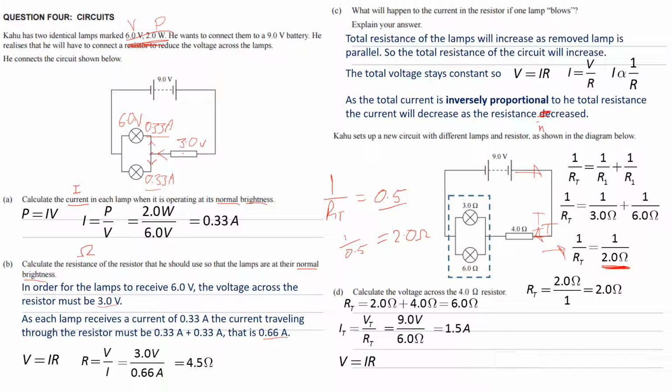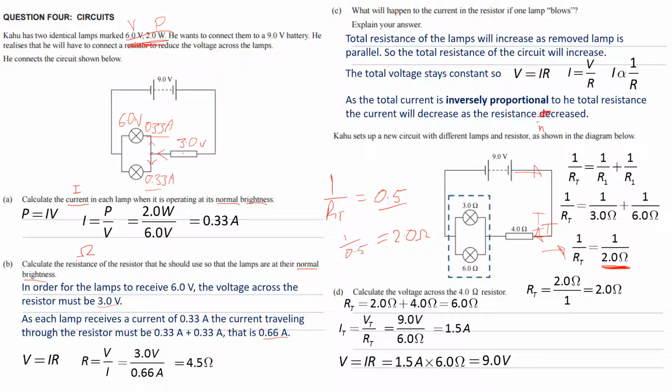It's equal to I total, right? And it equals 1.5 amps, so I can just use Ohm's law, and the voltage across here equals I times R, equals, well, that doesn't equal 9 volts.